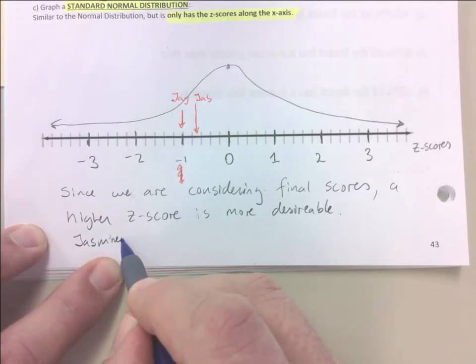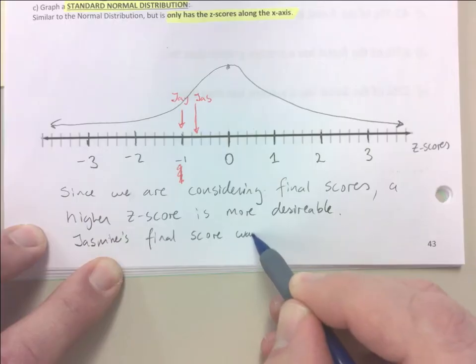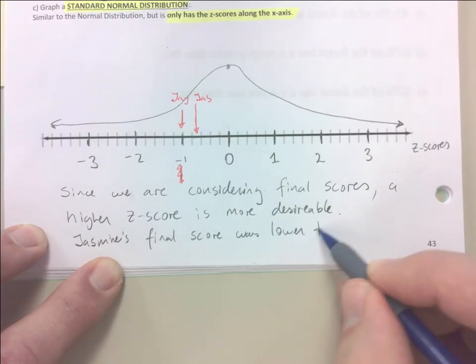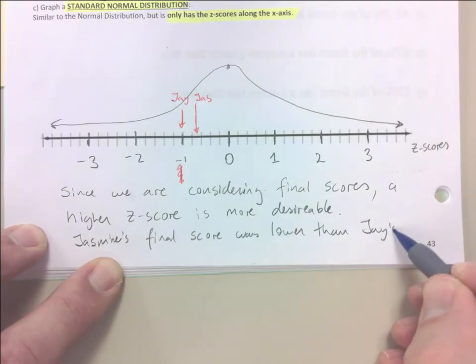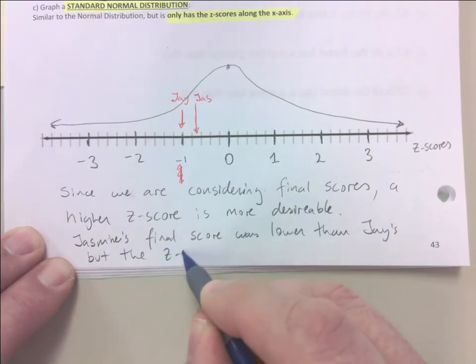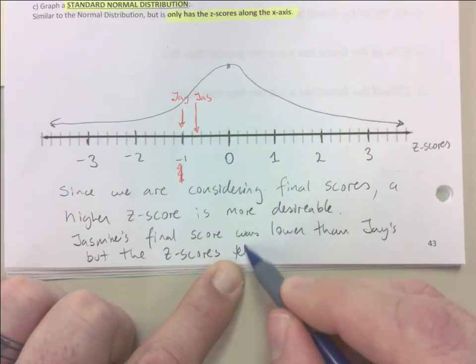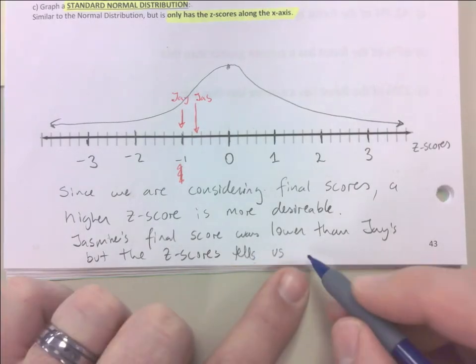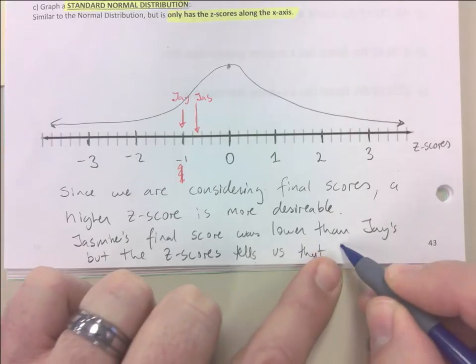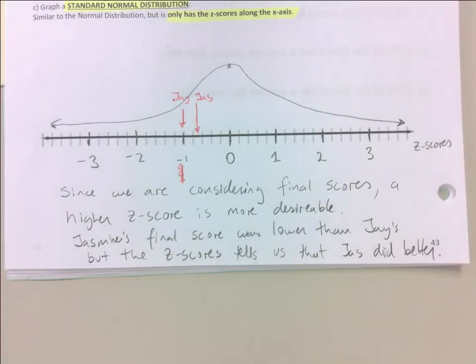Jasmine's final score was lower than Jay's, but the z-score tells us that Jasmine did better. Okay, so that's why z-scores are helpful.